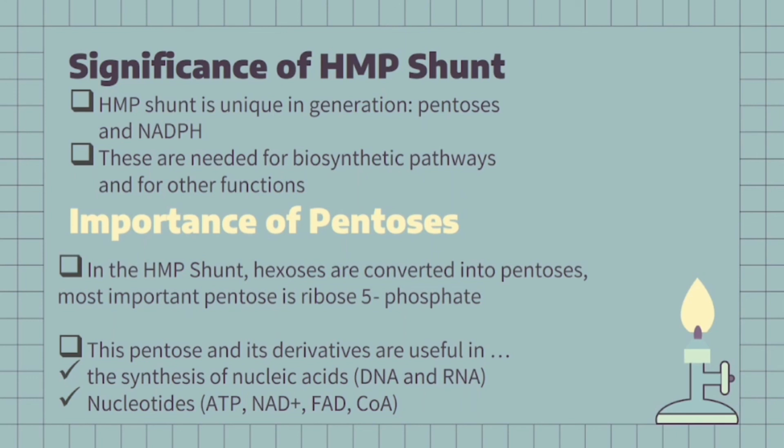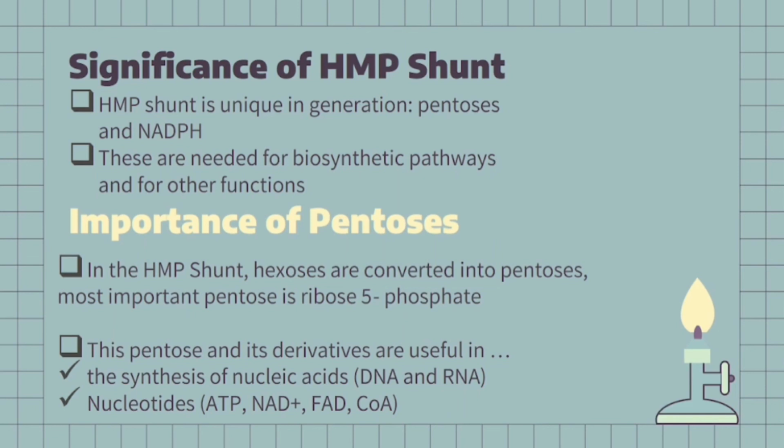The next one is the importance of pentoses. Pentoses are used for nucleic acids, ribose for RNA and deoxyribose for DNA. It is also used in coenzyme synthesis.